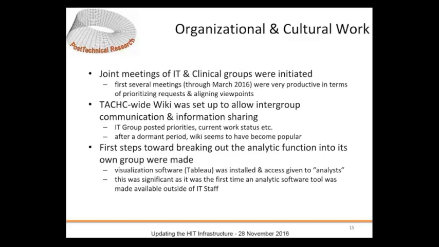And the primary thing that came out of them were two things. One was the actual requests that the clinical team felt they needed, as opposed to what the IT team thought the clinical team needed, and setting priorities for how to meet those requests.